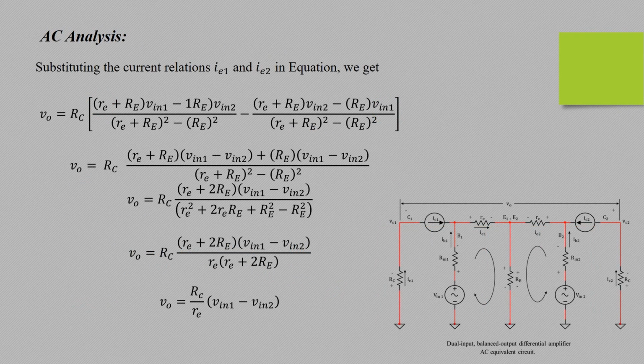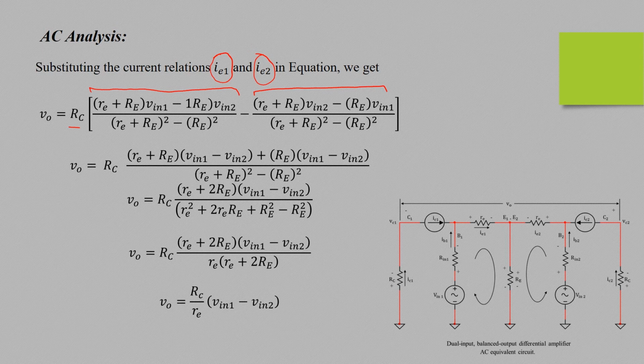So we have to substitute the relation of IE1 and IE2 in the above equation, and this is the value of IE1 and this is the value of IE2, just by putting these values here.